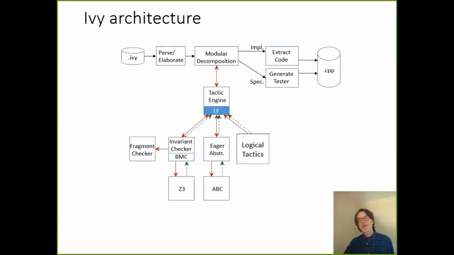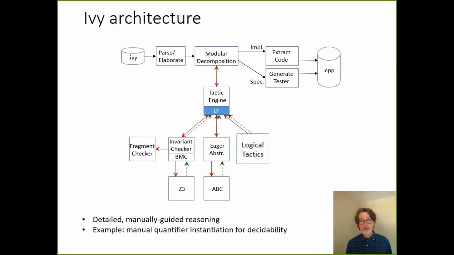Now, if all else fails, we can fall back on logical reasoning, on logical tactics. In this case, we'll be giving a more detailed, manually guided proof. For example, we might manually instantiate a quantifier in order to push the verification condition into the decidable fragment.